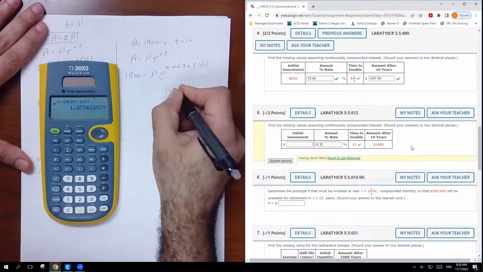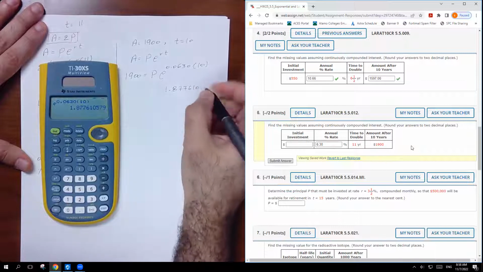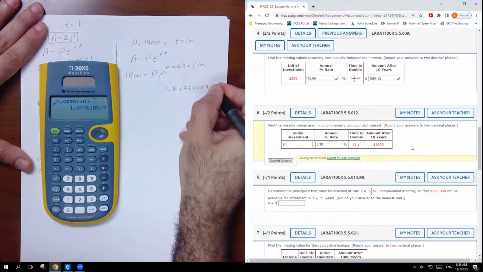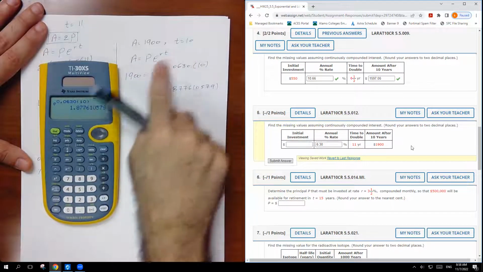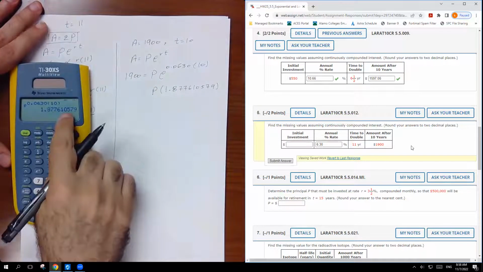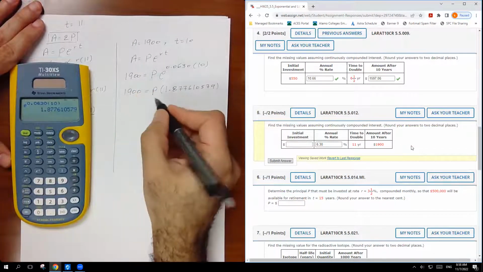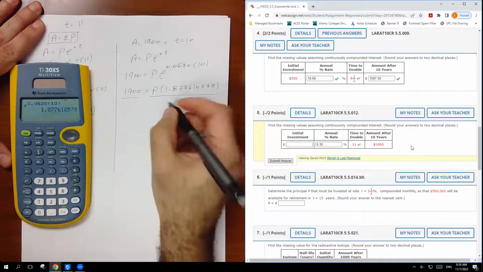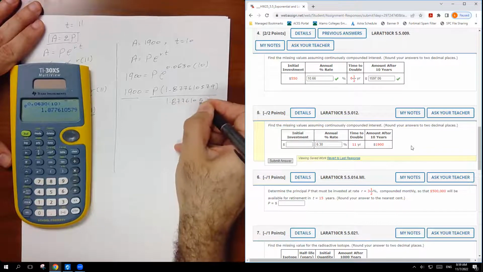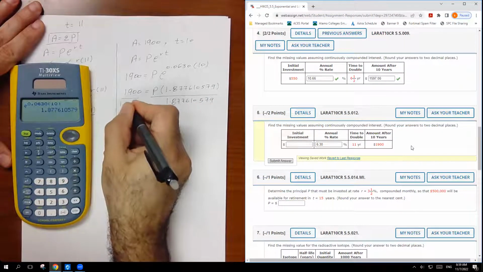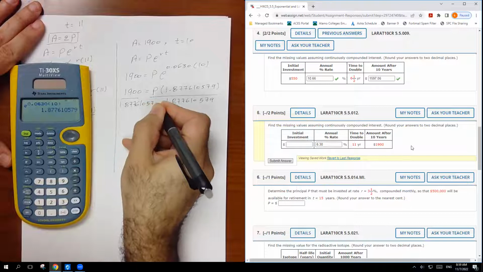Like 1.877610579. Or you can divide both sides by everything here. It's going to be the same result. But do not round this number. Equal 1900. Now you're going to divide both sides by this really big number, 1.877610579.